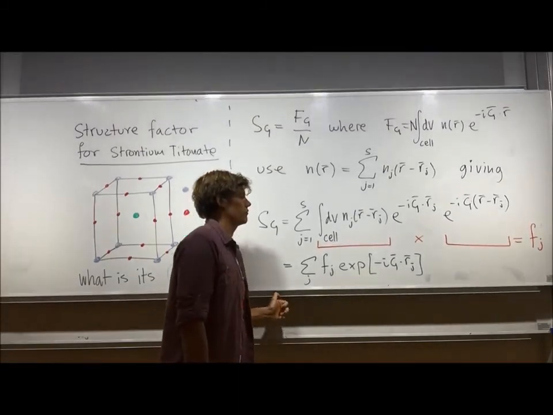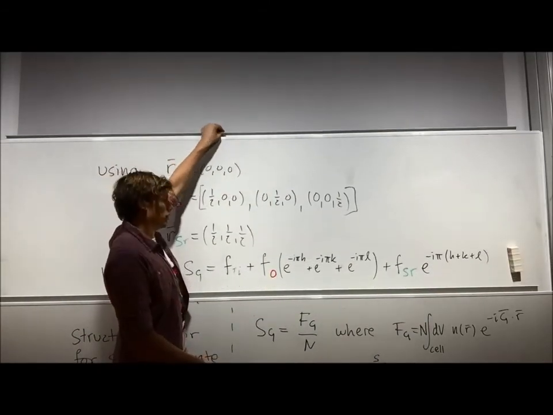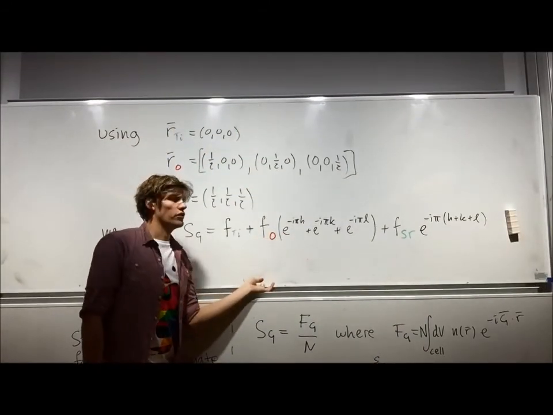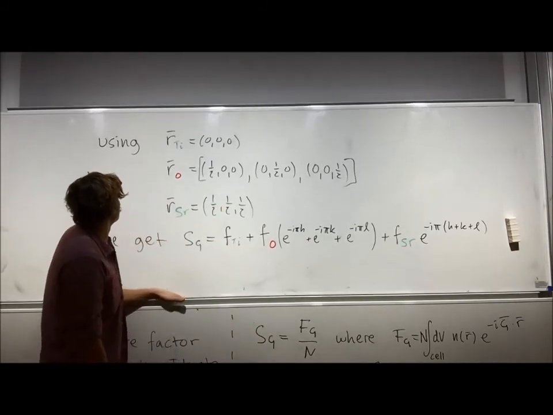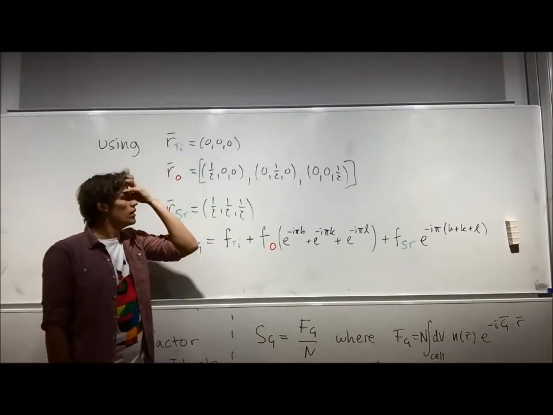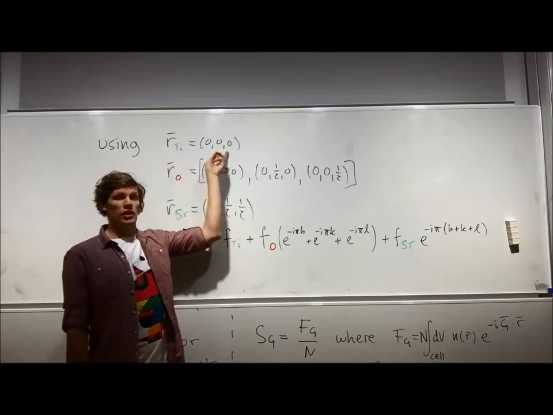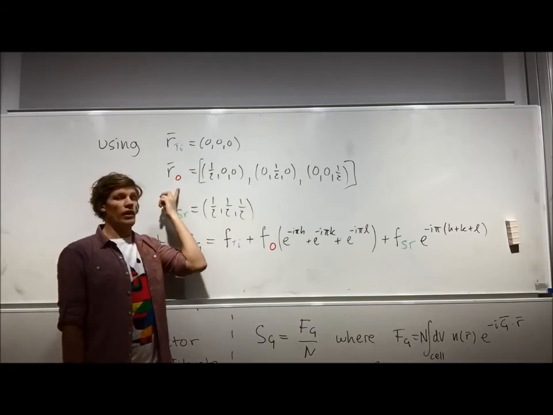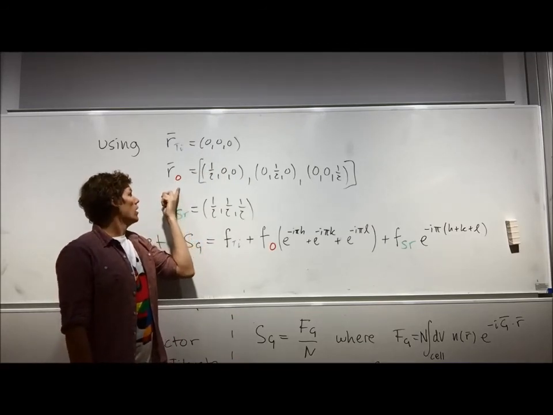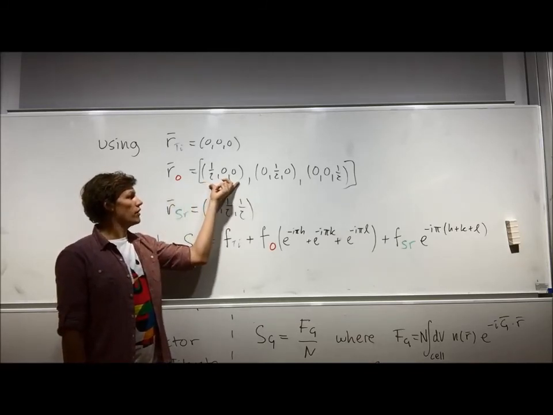And now we look at what the atomic sites are for the different atoms in strontium titanate. The titanium position is in the corner, so that's 0, 0, 0 in units of A. Then we have the oxygen atoms, which are located at half positions.